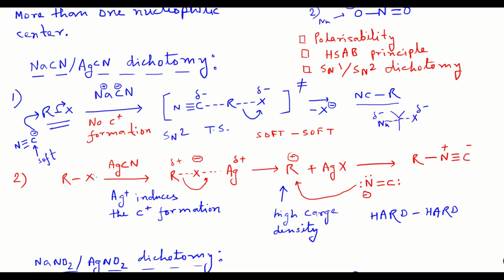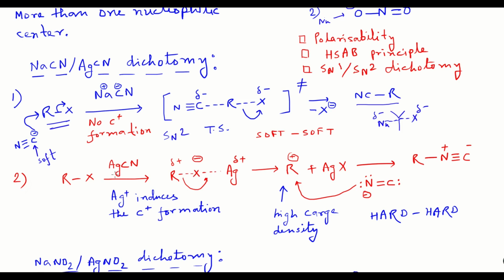Now let us consider when silver cyanide is used in place of sodium cyanide. Silver ion is known for its inherent binding affinity towards halides, since it forms a silver halide precipitate which separates out from the reaction medium, thereby producing the carbocations in an irreversible way.